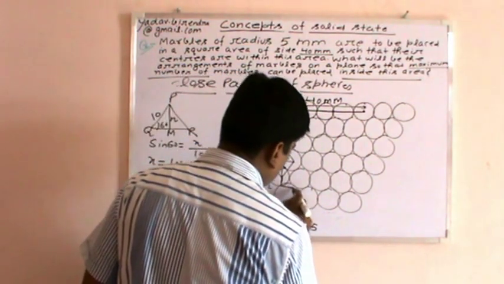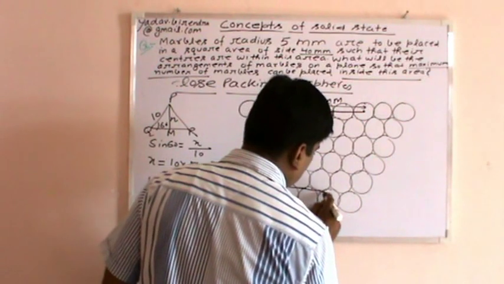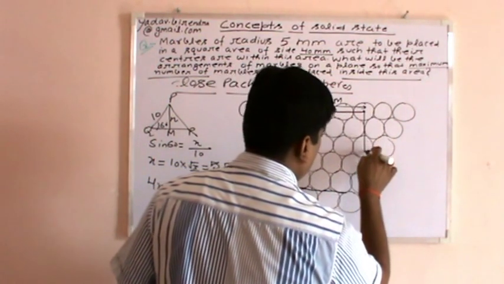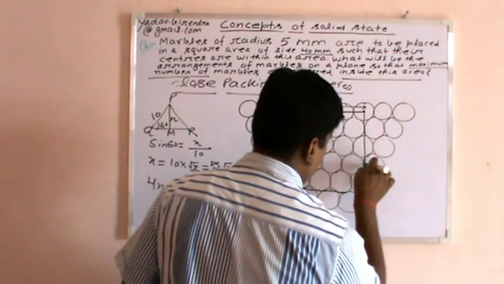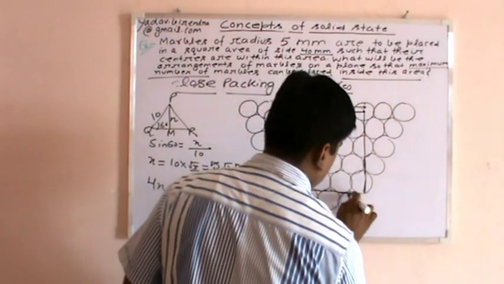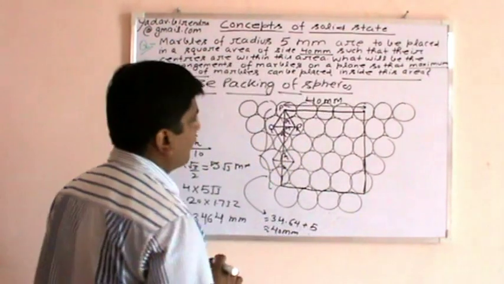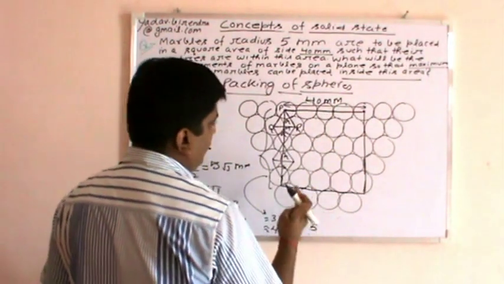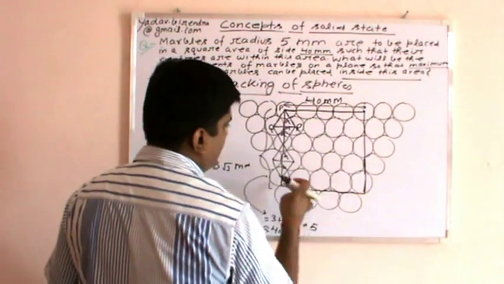Now we need to find the effective number of atoms within this square.